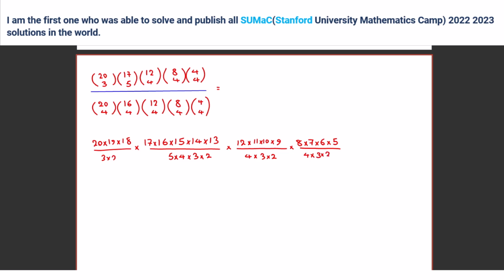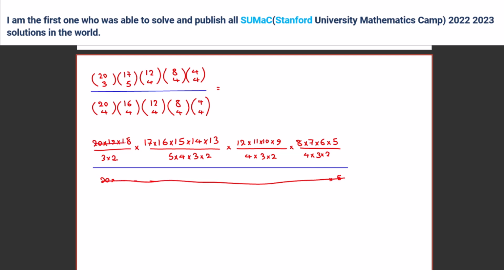Exactly. So when we calculate these, in the numerator we have 20 to 5. So we can cancel all these terms together, right? Over 4 factorial, 4 factorial, 4 factorial.